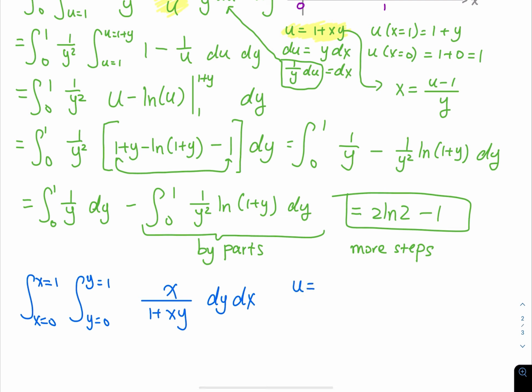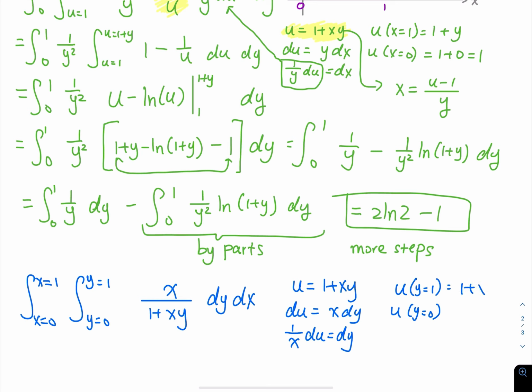So u equals 1 plus xy, and then du equals just an x dy, and then we have 1 over x du equals dy. And then u when y is equal to 1, u when y is equal to 0. So that is a 1 plus x, this is just a 1.